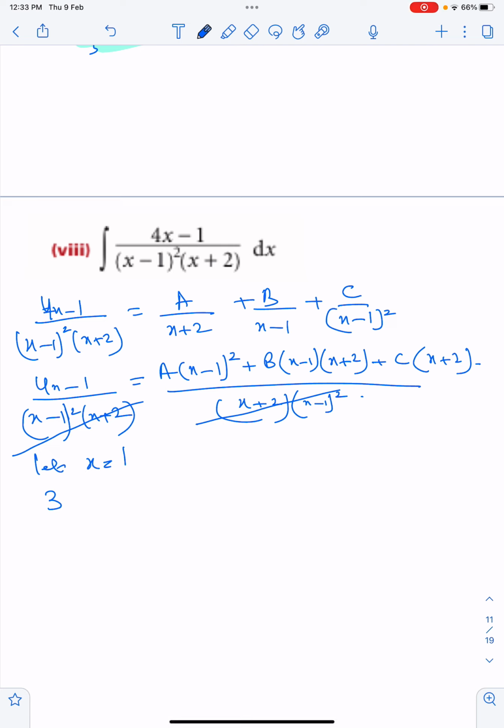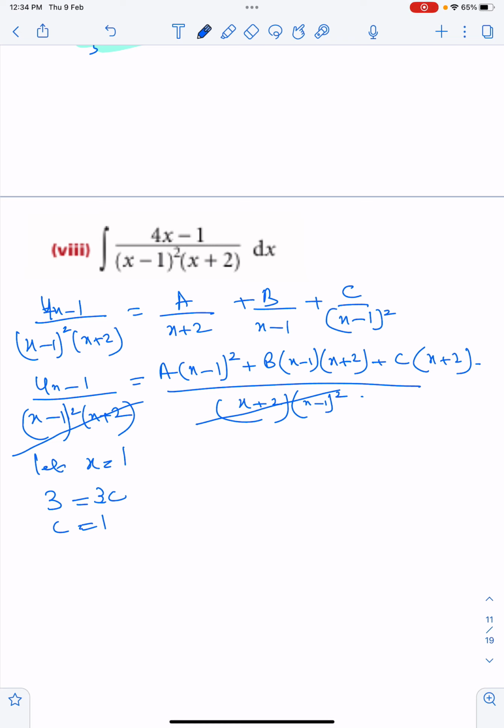So 4 into 1 minus 1 is a 3. This whole thing is going to become 0. 1 minus 1, this is also going to become 0, and as a result this whole thing will become 0, and if you take x as 1, it will become 3c. That means c is 1, 3c divided by 3.